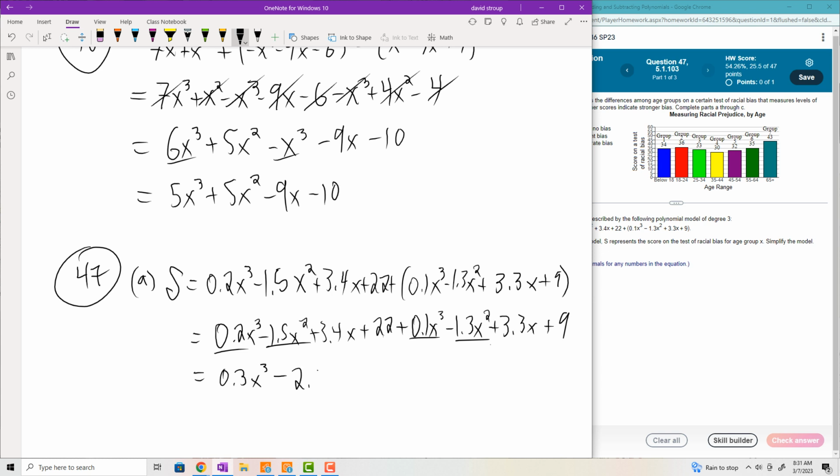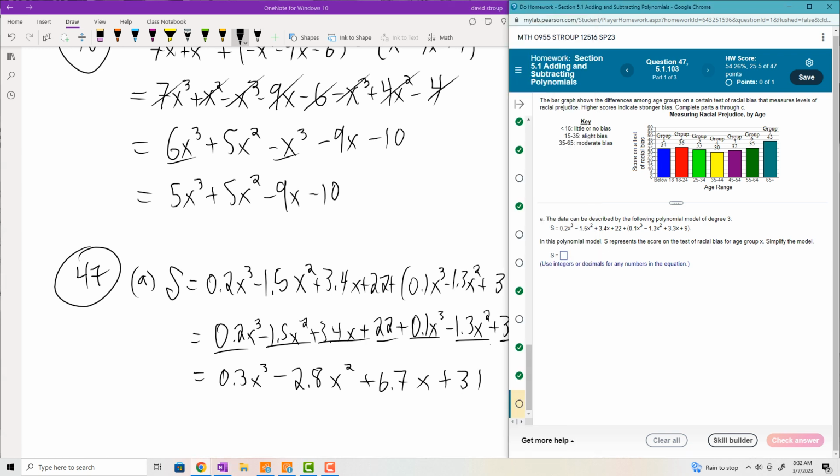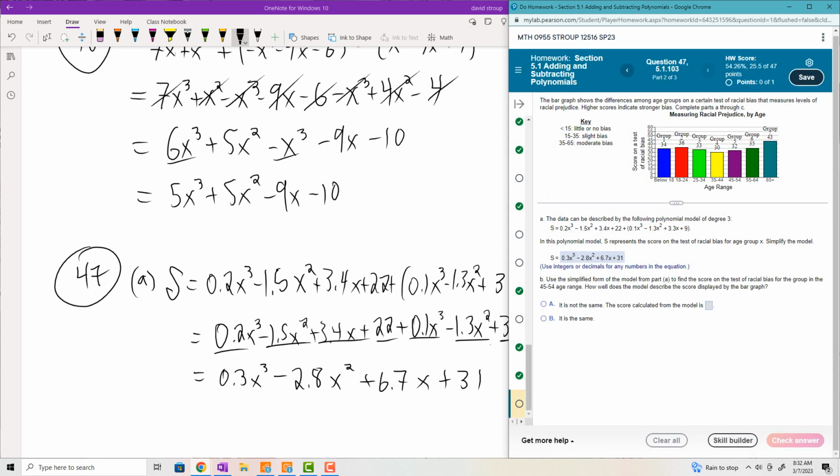Let's say there's negative 2.8 of those, and then the x terms, 6.7 of those, and then the constant terms. Looks like there's 31 of those. So S is 0.3 x cubed minus 2.8 x squared plus 6.7 x plus 31, as they would say in French. I think that's how they say it in French. Anyways, let's check it. Yay.